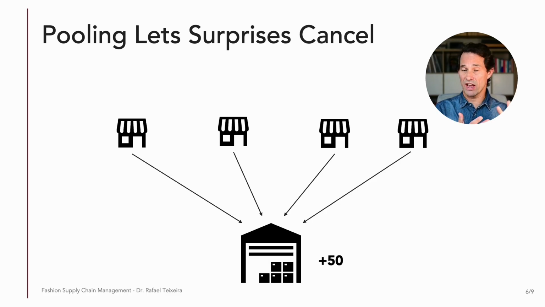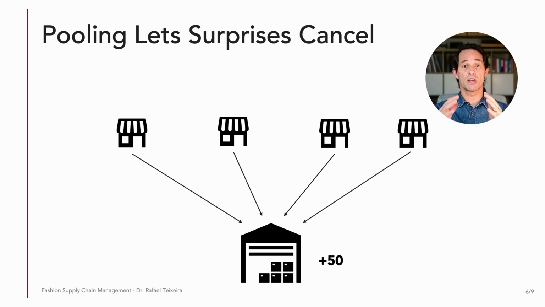Some stores are going to have high demand, some stores are going to have less demand, and pooling the system in a central inventory allows the company to serve these stores when they experience the higher demand. And because they don't experience it at the same time, the company doesn't have to carry a high amount of safety stock.